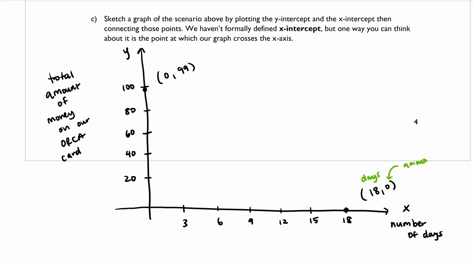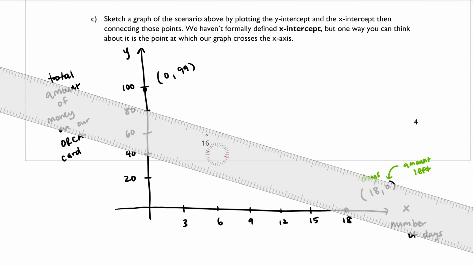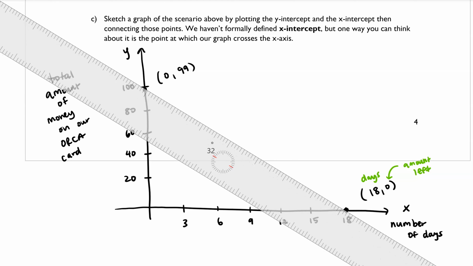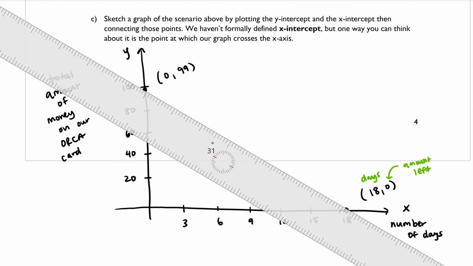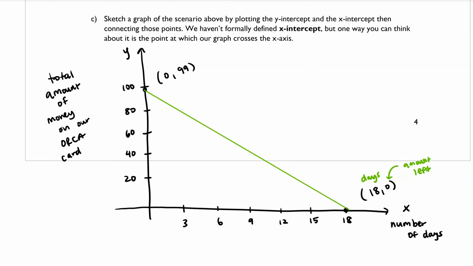And I'm just going to go ahead and connect those 2 points now to represent our line. I'm going to draw it with green, so it's going to look something like that.